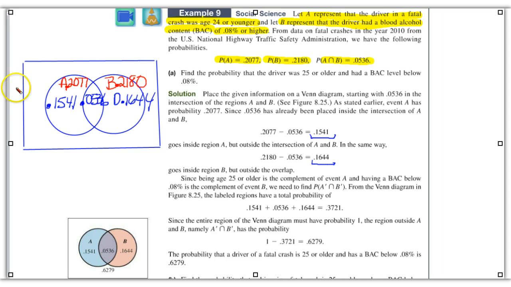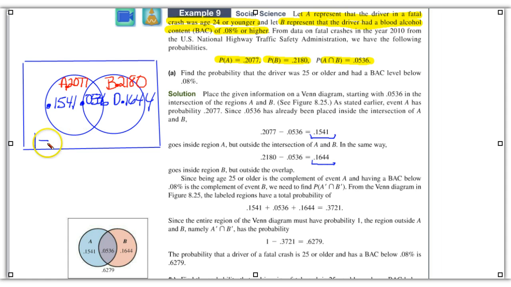So we now want to find our complement of A and B. Well, we have to find the total of A and B by adding these three together and then subtracting it from 1.